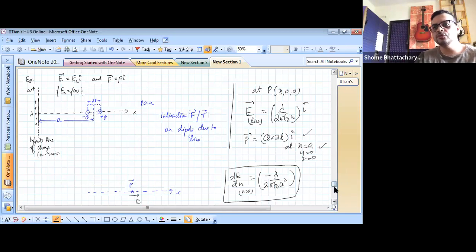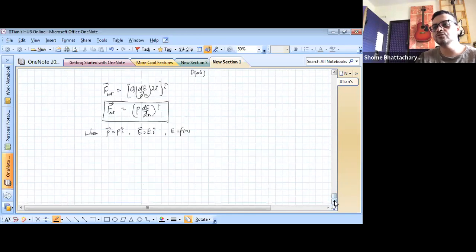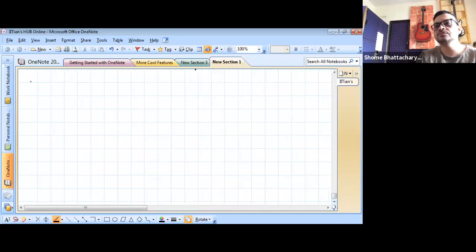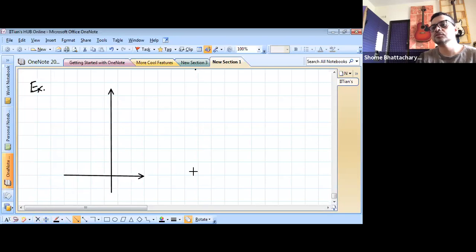Now let's move on from this to a two-dimensional example, and then you'll see how to modify this formula when there is two components of force involved. Okay. So we have a situation where in the two-dimensional plane, so in my xy plane, I have some, let's say, variable kind of electric field.